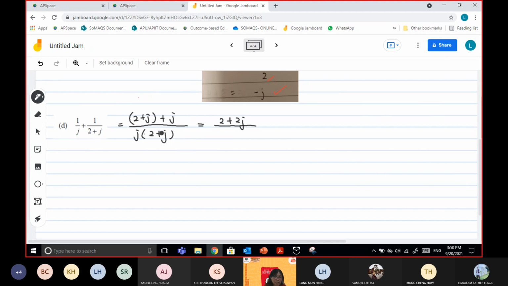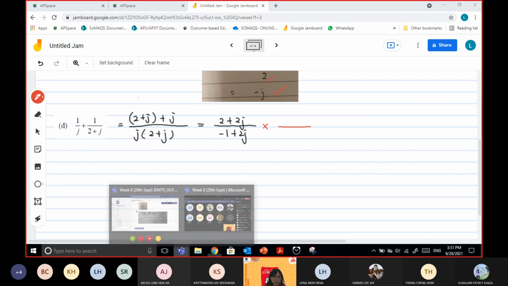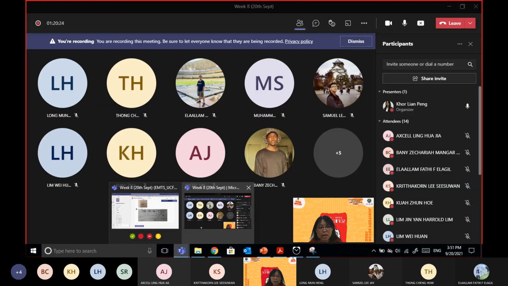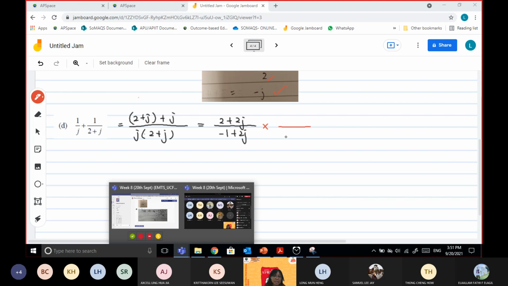Then the bottom, I have to multiply by j. So I have j times j square, which is minus 1. Then j times 2, so plus 2j. Next, we need to multiply with the complex conjugate. Ng Ziyi, what is a complex conjugate? What should I multiply here?